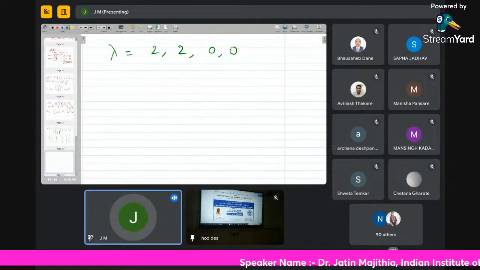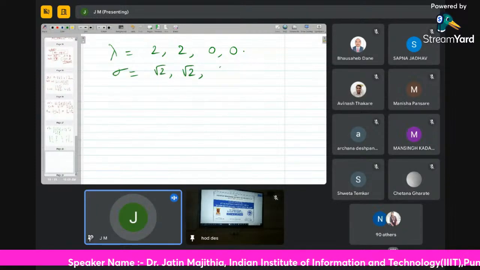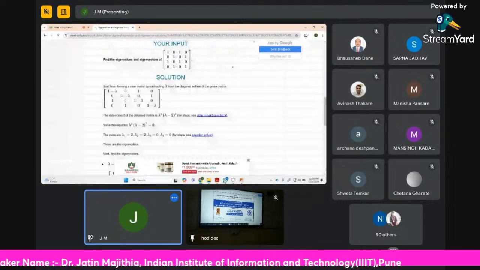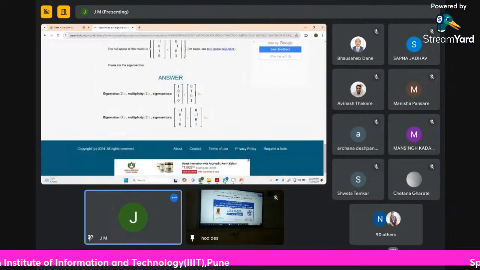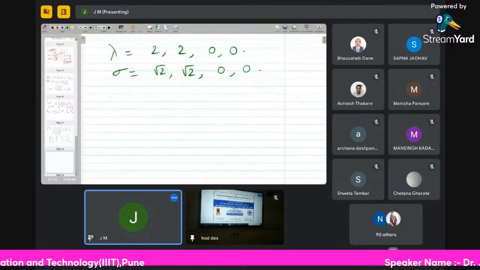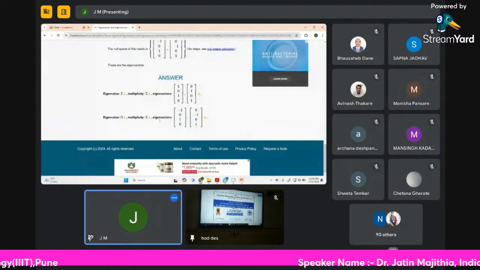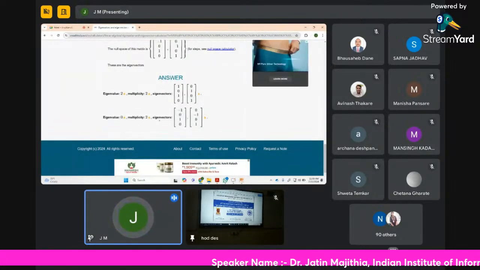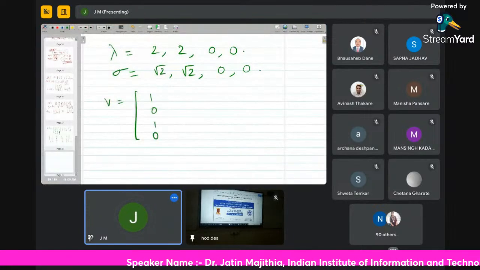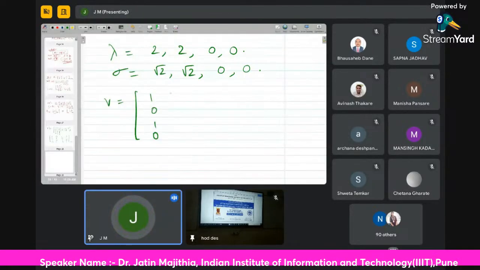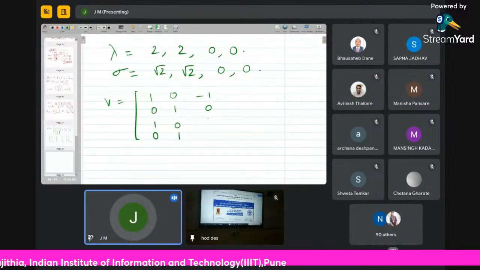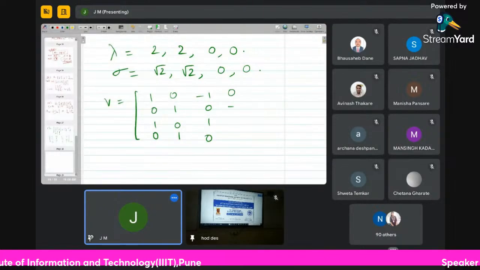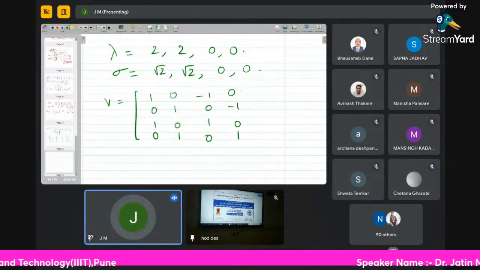So what will be your sigmas? √2, √2, 0 0. Okay, and what is my vector v? My v is nothing but, for 2 it is 1010, then 0101, then -1010, then 0 -101.